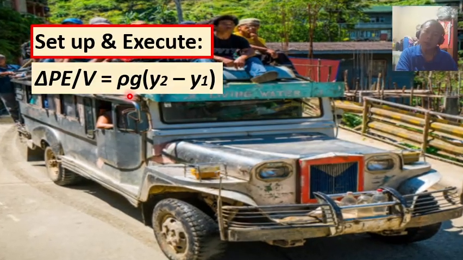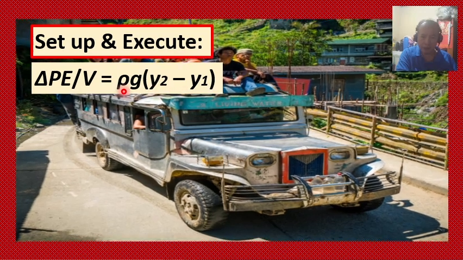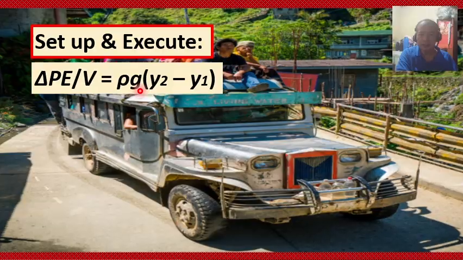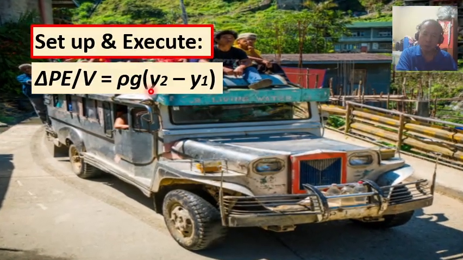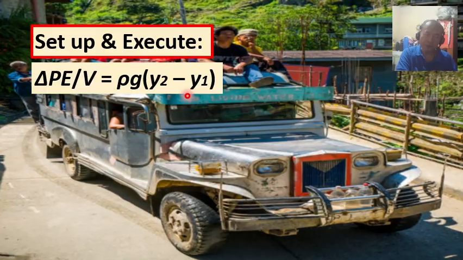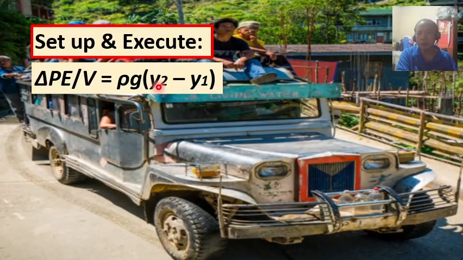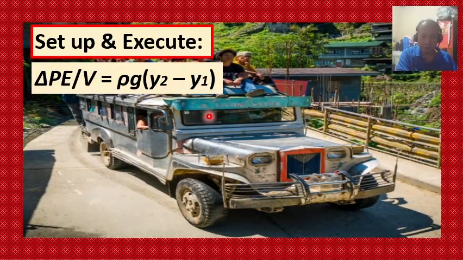And that term in the equation earlier is the product of the water's density and acceleration due to gravity multiplied by the difference in the height, denoted by y sub 2 minus y sub 1.